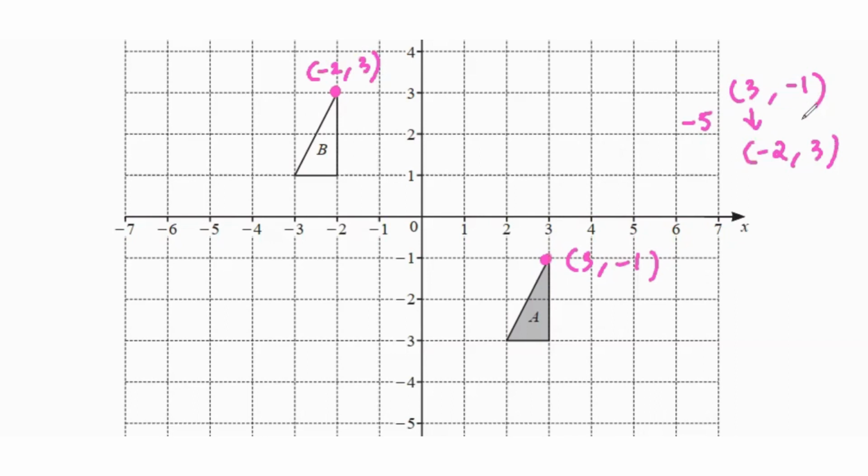And for negative 1 to become positive 3, we are adding 4, which means the translation vector is going to be negative 5 and 4. It's moving 5 units towards the left-hand side and 4 units up. That's how you can read this translation vector.